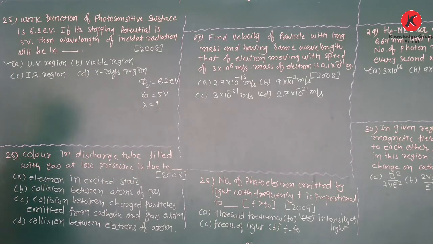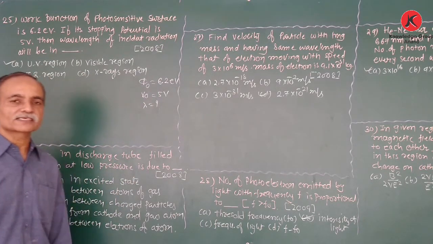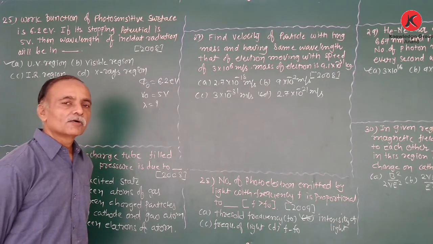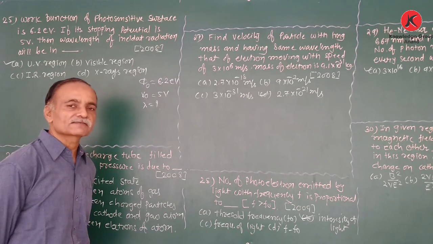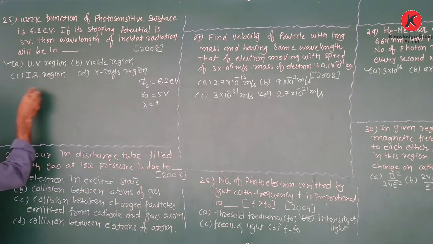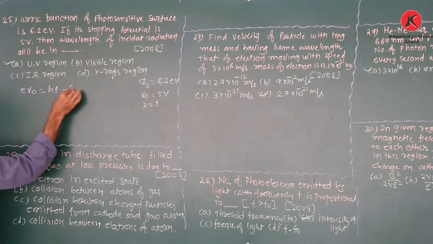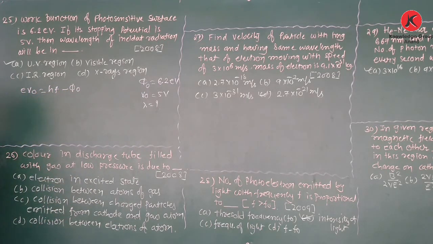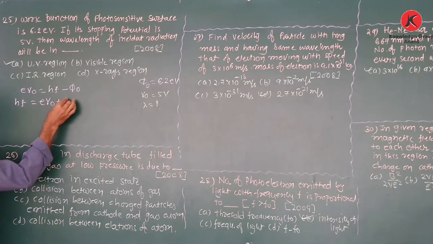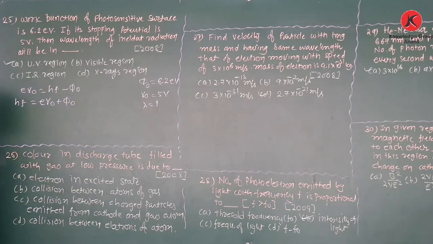Now, friends, we know that Einstein's equation, half mv square is equal to hf minus phi 0. Or in other words, half mv square maximum is equal to eV0. Therefore, we can write eV0 is equal to hf minus phi 0. Now we require the wavelength lambda. Therefore, hf is equal to eV0 plus phi 0.